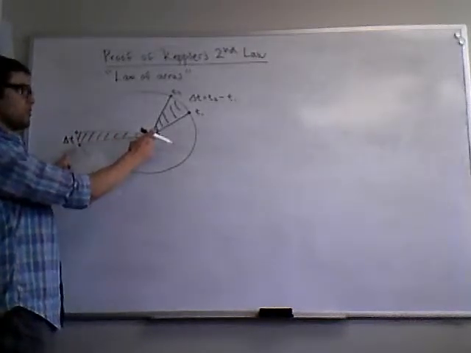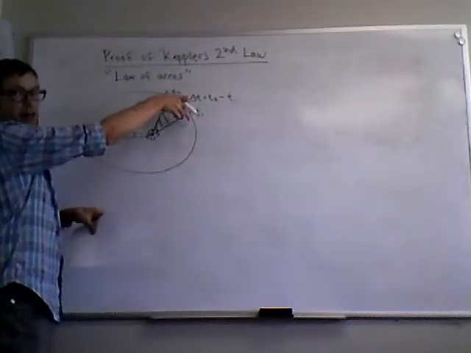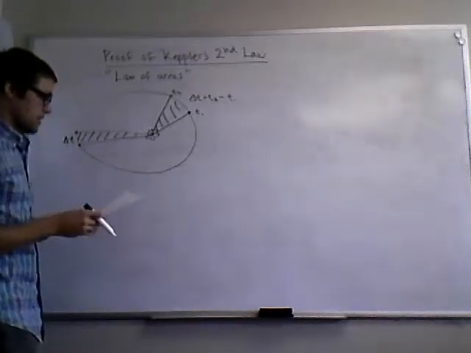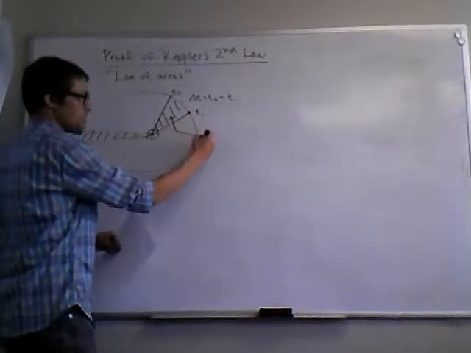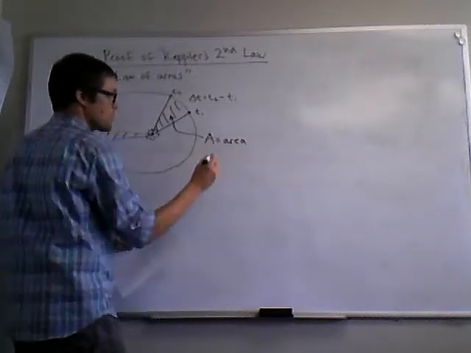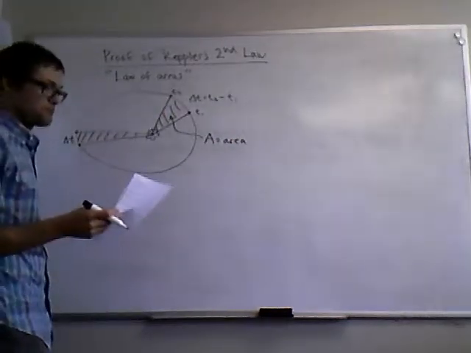It's a longer triangle that's skinnier versus a shorter triangle that's fatter. So let's prove that this is the case. What we're going to calculate here then is the area of the swept out territory there.